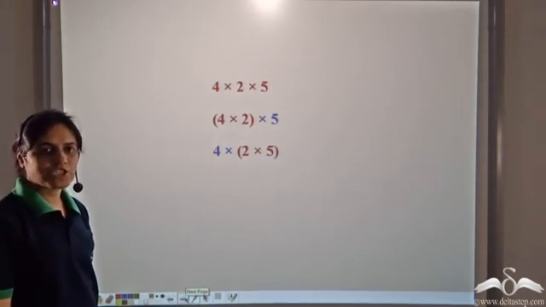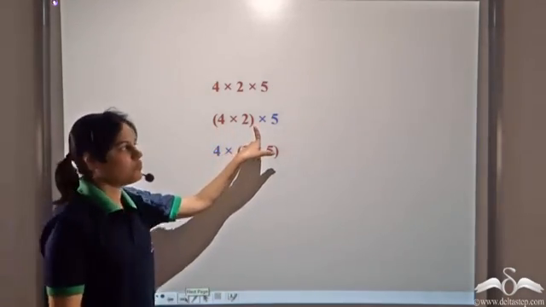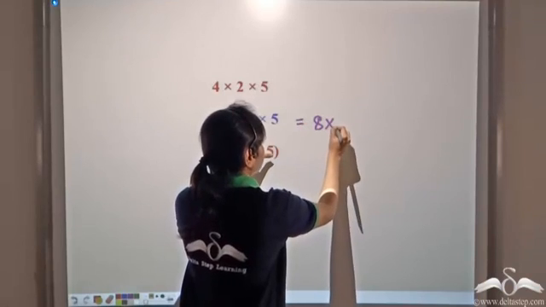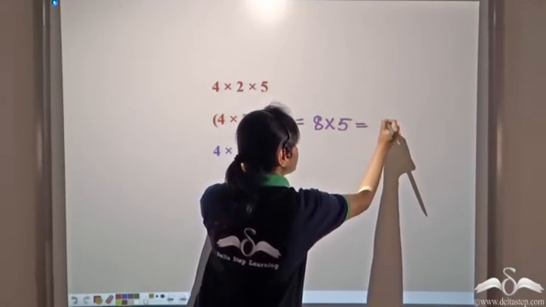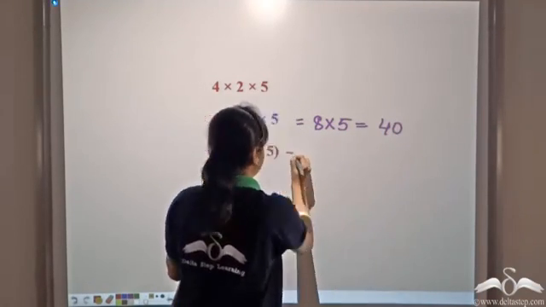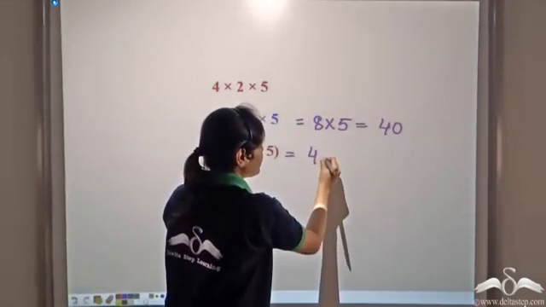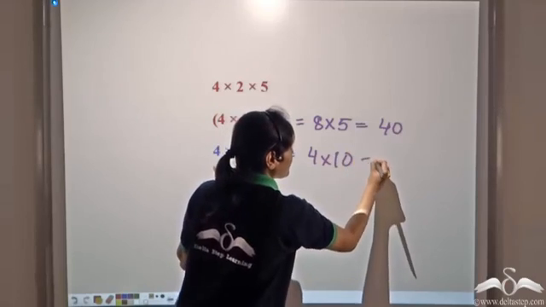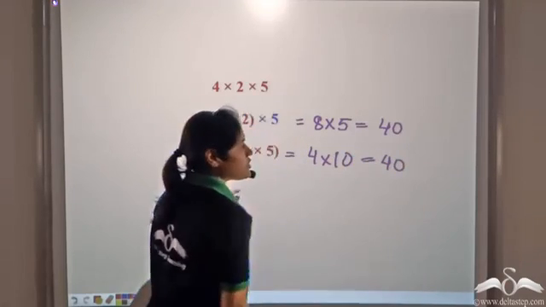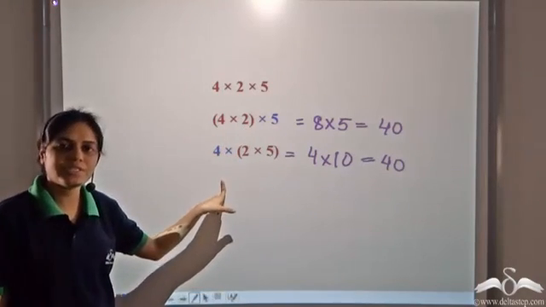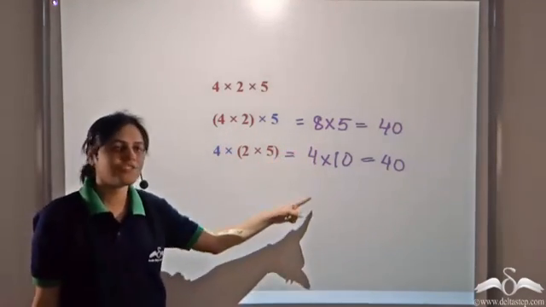Coming to multiplication, 4 into 2 gives us 8. 8 into 5, which is 40. Now, we multiply 2 and 5 first, which gives us 10. This is again 40. So, which 2 terms we are multiplying first is not making any difference to the answer.